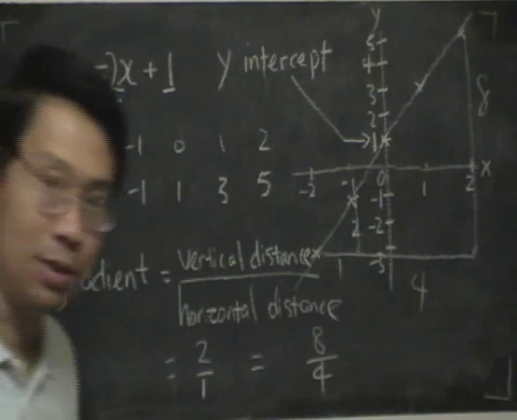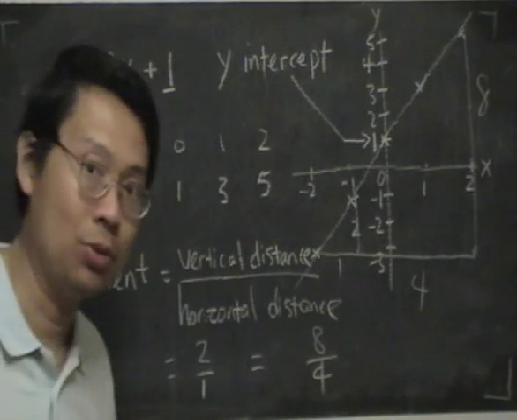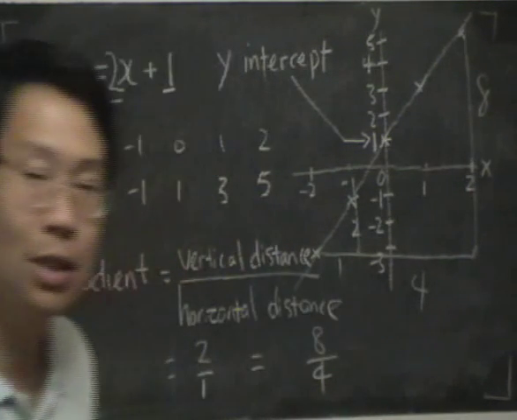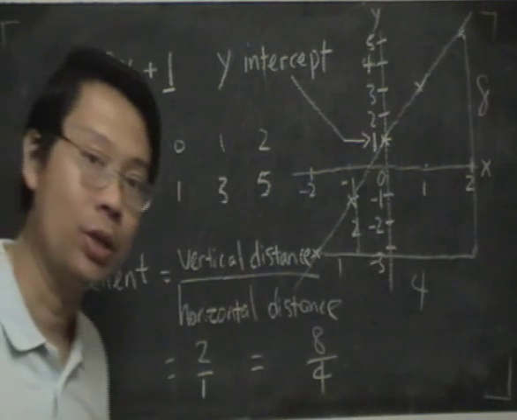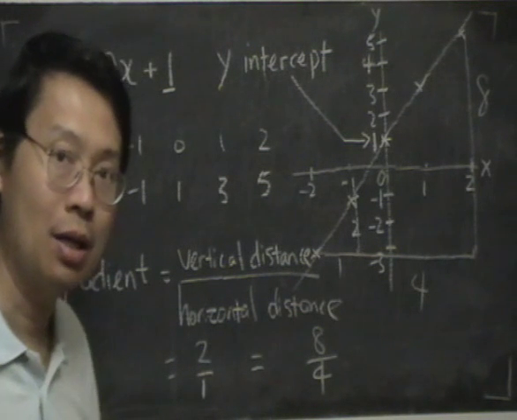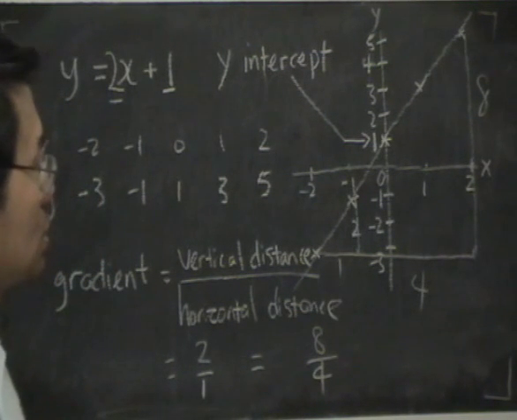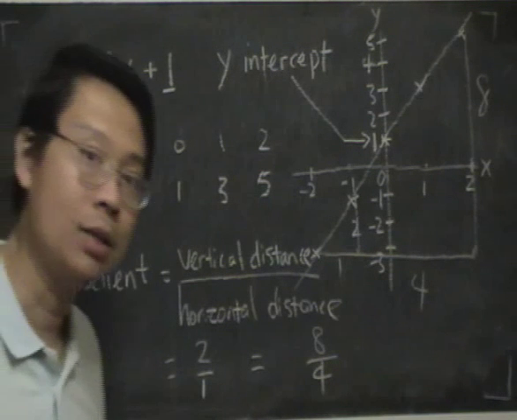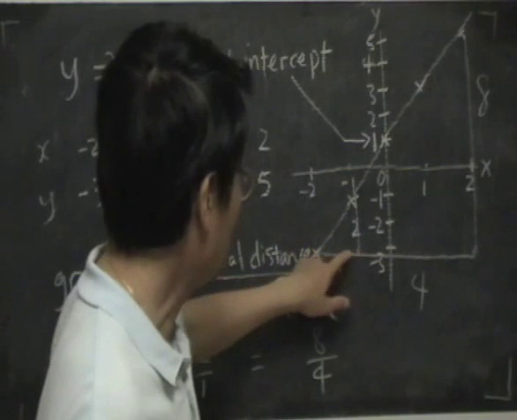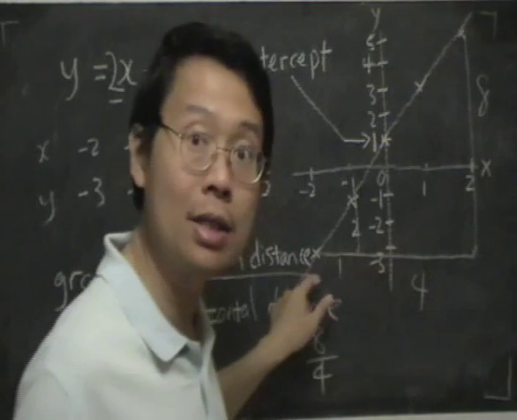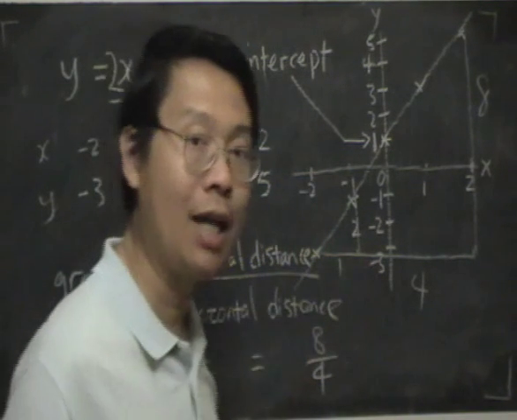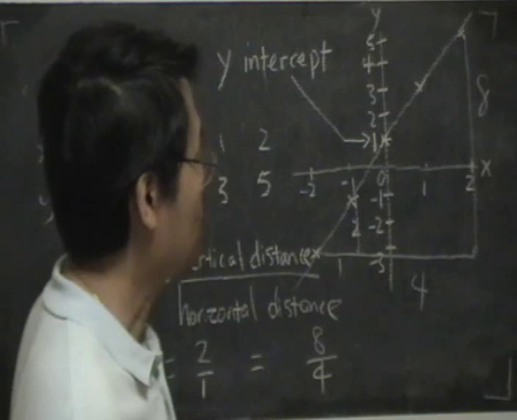So that means, yes, we can take any horizontal distance and the corresponding vertical distance to find the gradient. So this formula can be used for any horizontal distance. And the reason why you can do that is quite simple, because these two shapes are similar triangles. They are triangles with the same angles, with the same shape, but different sizes.